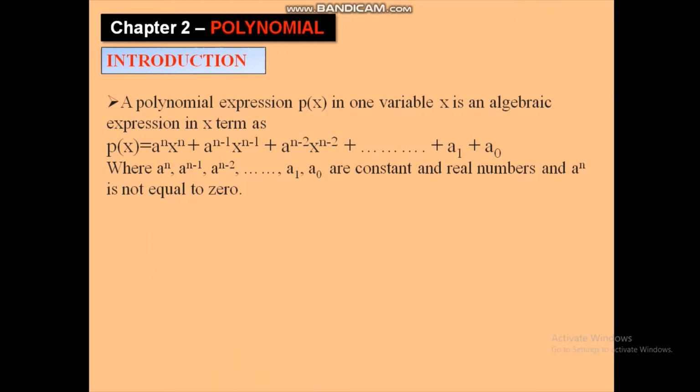This is the general form of a polynomial where a_n, a_(n-1), a_(n-2) up to a_0 are constant terms. They can be real numbers, but a_n should not be equal to 0.